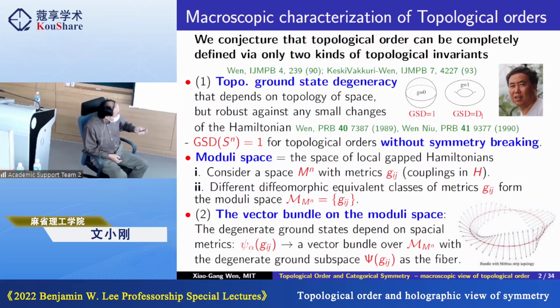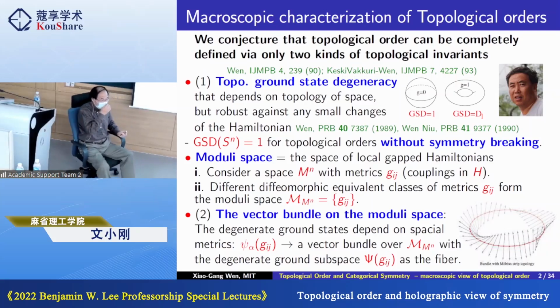And so this vector bundle on the moduli space is actual data. The ground state degeneracy is just the dimension of this vector bundle. But even with the same dimension, vector bundles can have a different twist, and that's actual data.